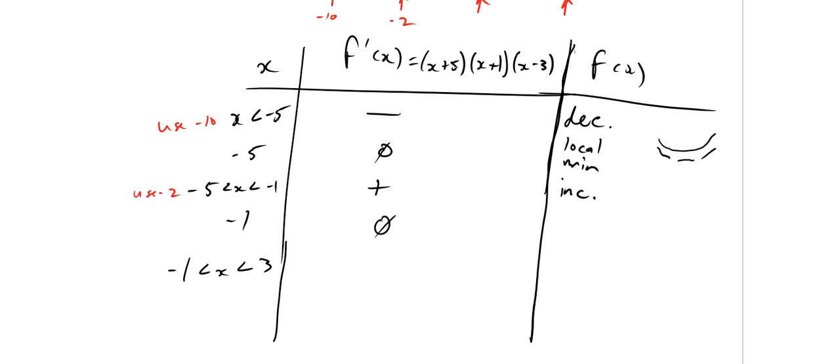So 0 plus 5, I get positive, positive, negative. I get 1 negative and 2 positive, so it's negative. So it's decreasing. And then when x is greater than 3, I'll pick some big number, 10. I get positive, positive, and 10 minus 3 is still positive.